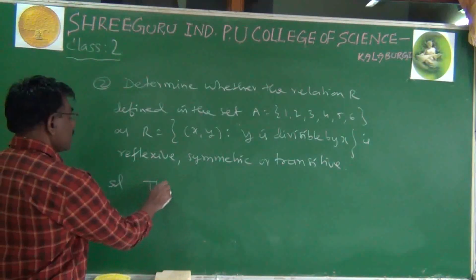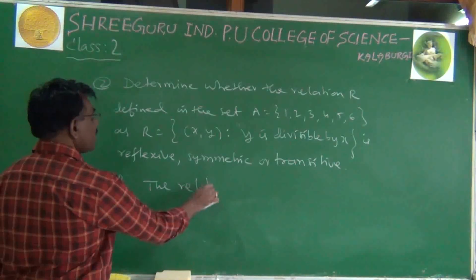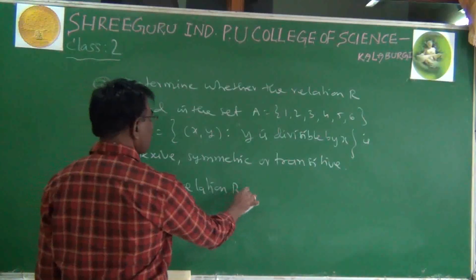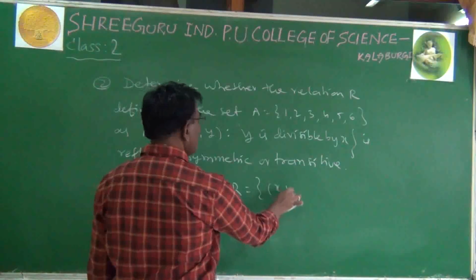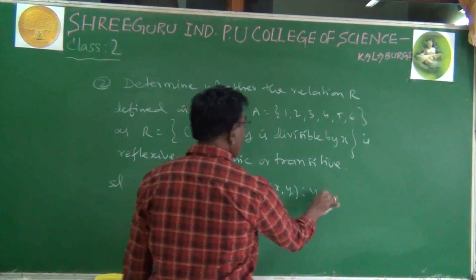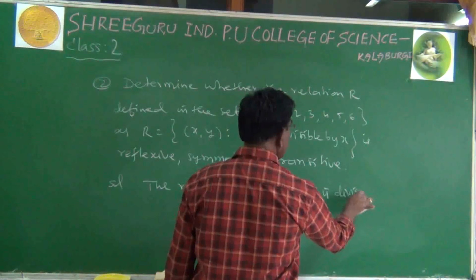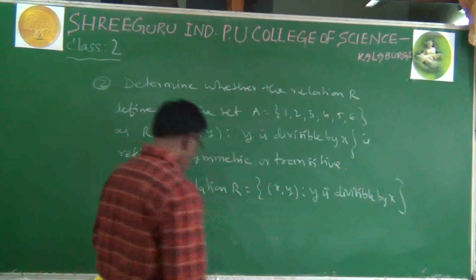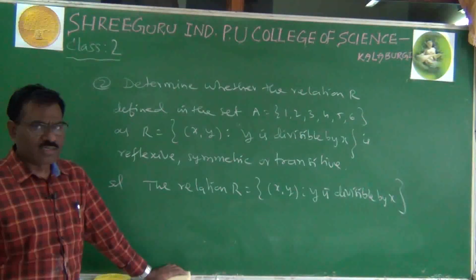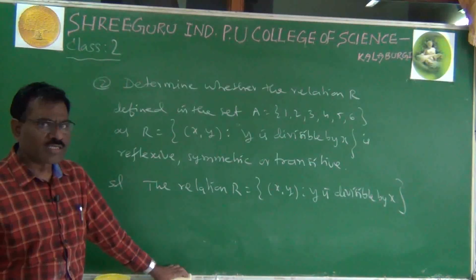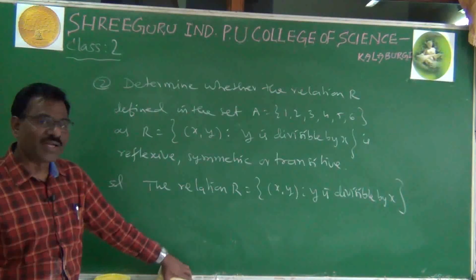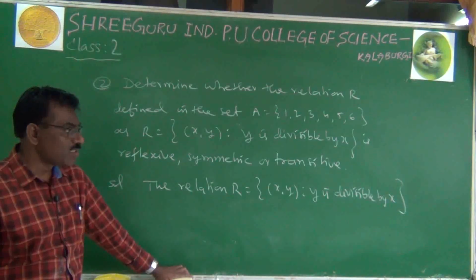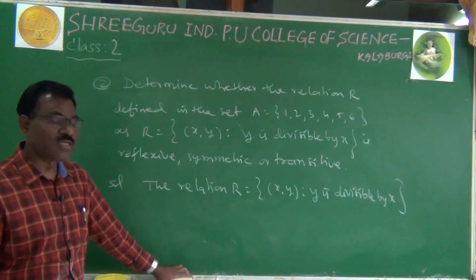The relation R equals (x, y) such that y is divisible by x. In other words, x divides y. Y is divisible by x means x divides y.